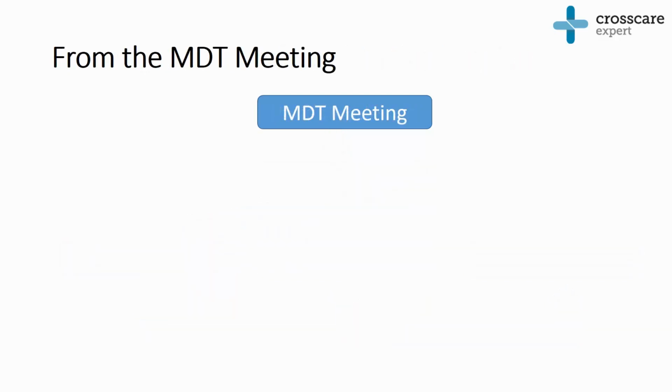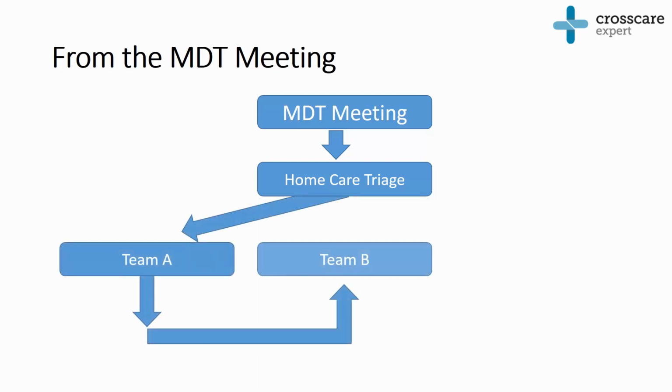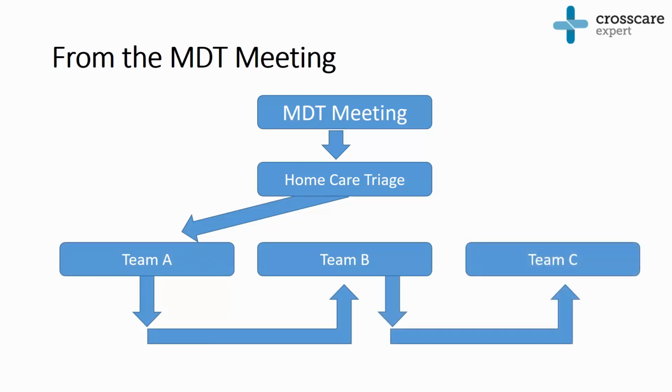If we look at it in slightly more detail, from the MDT meeting, we might transfer the patient onto the home care triage queue. So the home care team can assess the patient and decide whether they want to take them on or not. They may move them to their team A or their team B or their team C, and they can also transfer the patient between teams if care changes and a transfer between the teams is necessary.